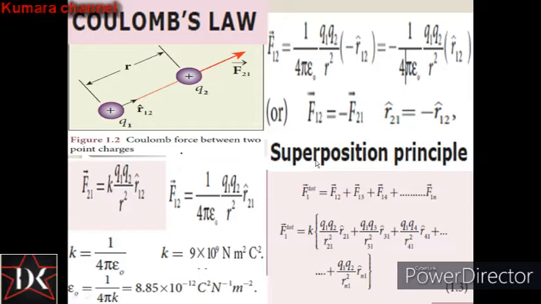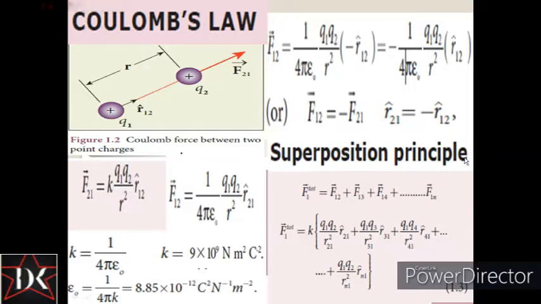When we have a large number of charges, Coulomb's law does not explain the force acting on each and every charge. The superposition principle explains the interaction between multiple charges. Here the total force acting on the charge q1 is represented by this equation.